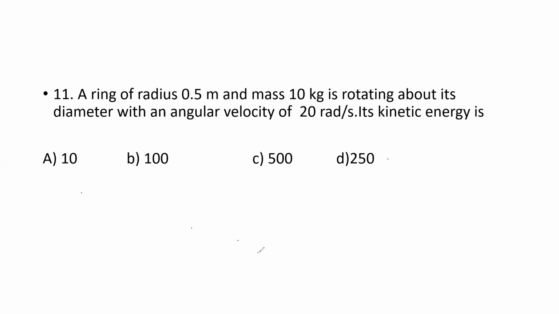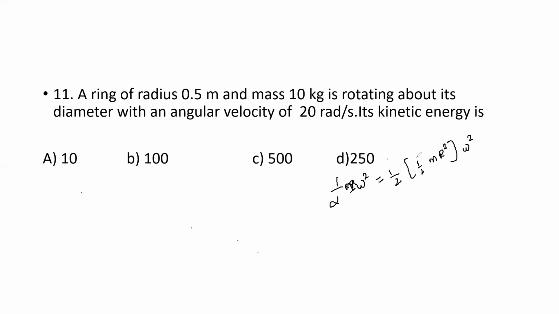We need to use the rotational kinetic energy formula that is given by 1 by 2 I omega square, where I is the moment of inertia, equal to 1 by 2 into bracket 1 by 2 m r square into omega square. So this 1 by 2 I have written as it is.